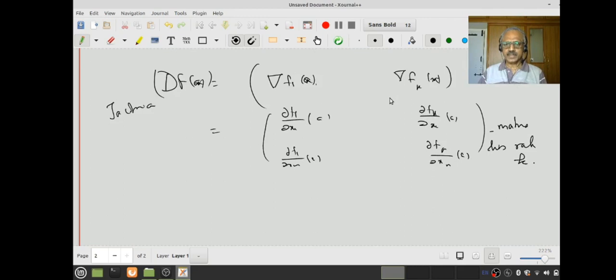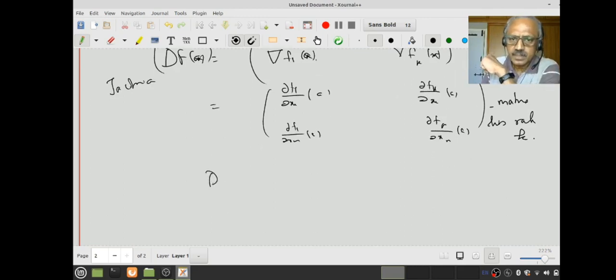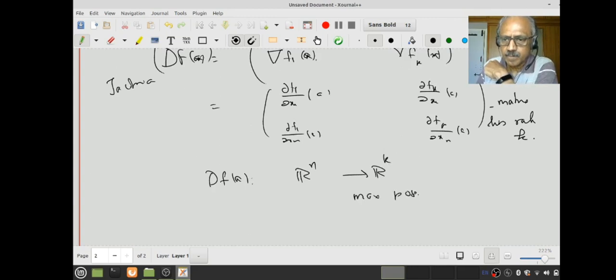Therefore, notice that DF of A, the Jacobian matrix, is a linear map from Rn to Rk, right? What is the maximum possible rank? It is k.